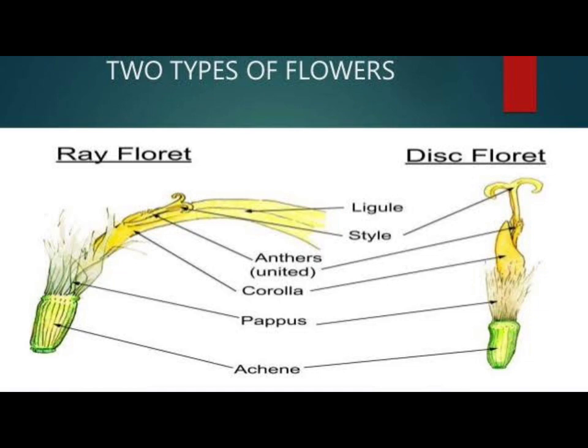Now I have a few pieces of information, apart from their sex, which we already discussed when we did the lesson. You can see the ligule type of gamopetalous condition.